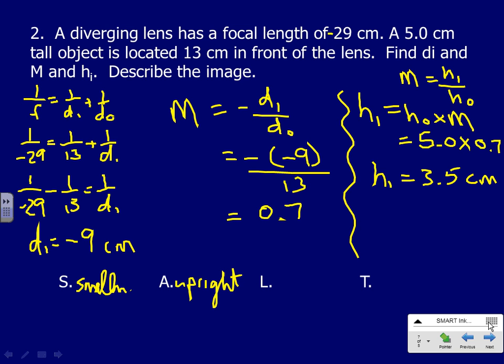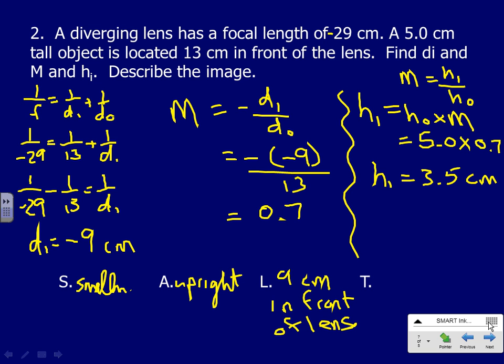Location. Again, we can be specific. Let's be a little more specific this time because of the negative. We'll say 9 centimeters in front of the lens. It's actually out in front of it. 9 centimeters in front of lens.